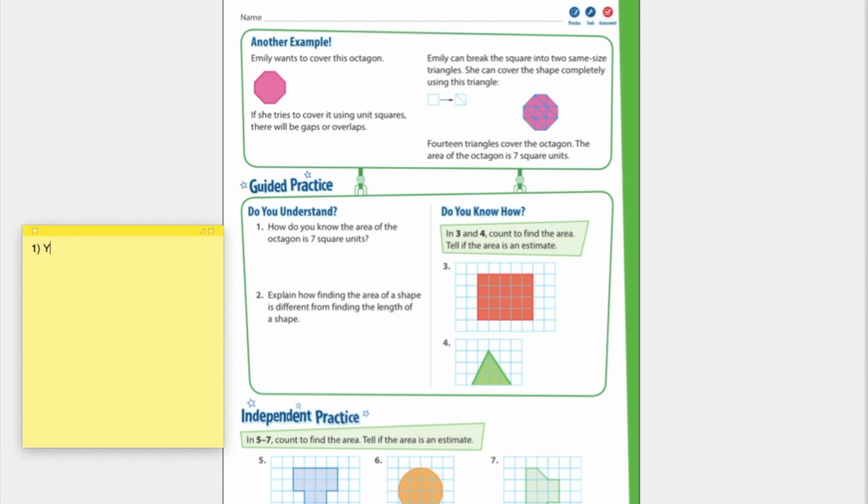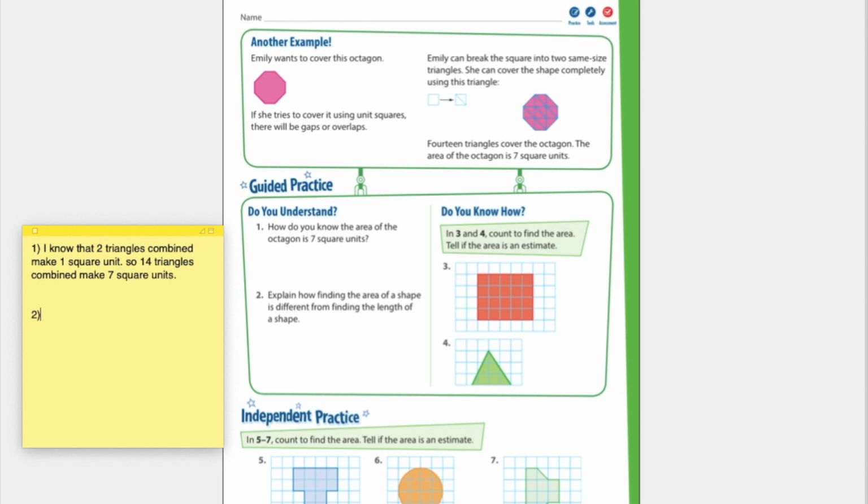I know that 2 triangles, since these ones are cut in half, combined make 1 square unit. So 14 triangles combined make 7 square units. Good.